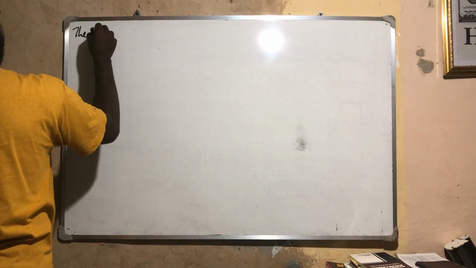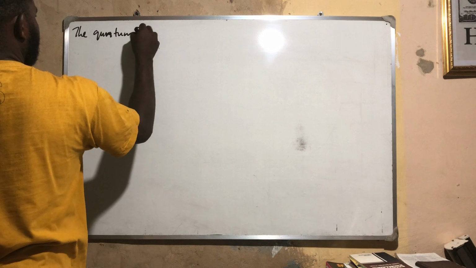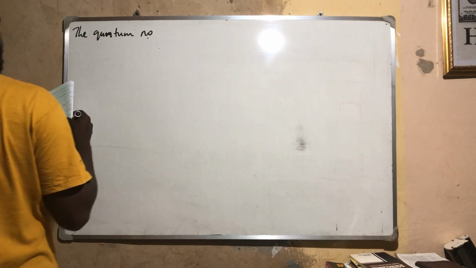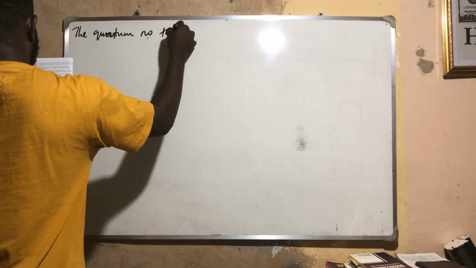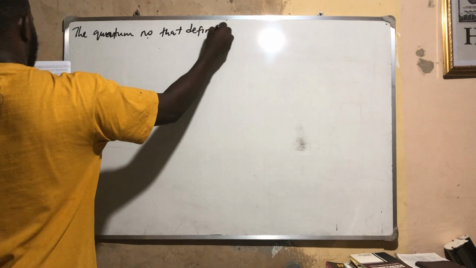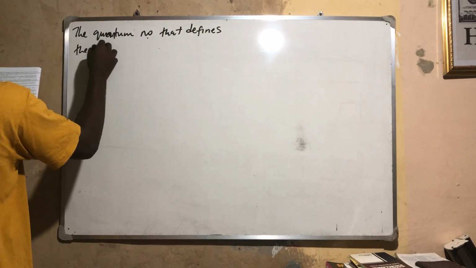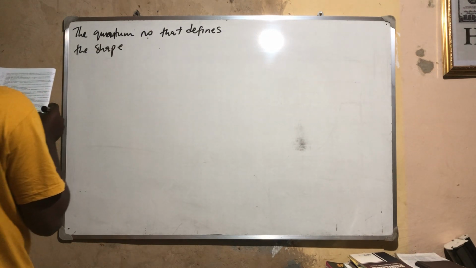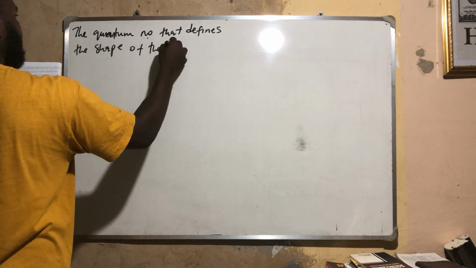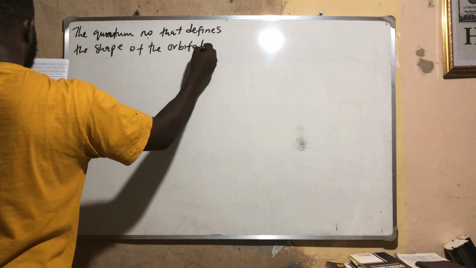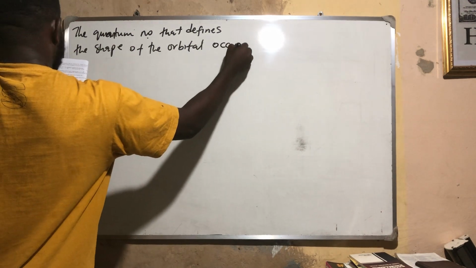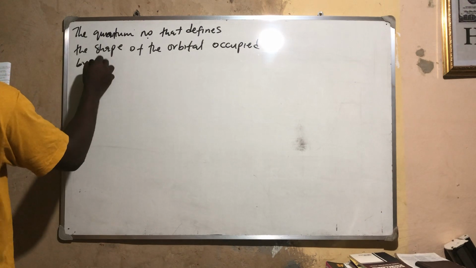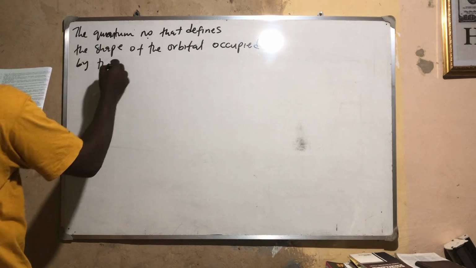So the next question here said the quantum number that defines the shape of the orbitals, the orbital occupied by the electron.